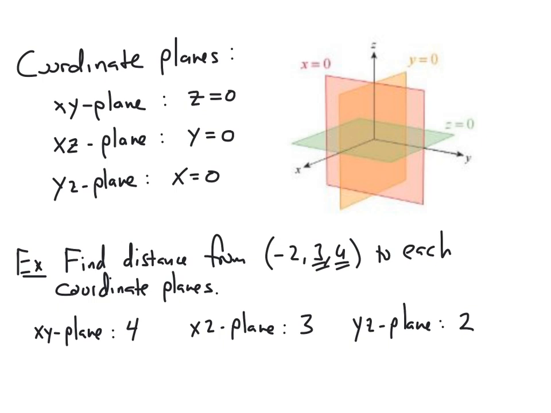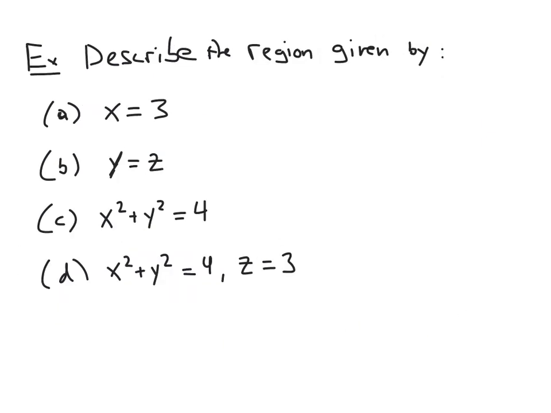So we have the coordinate axes, we now have the coordinate planes, and there are some other relatively simple regions that we can describe in three-dimensional space, and that's what we're going to look at next. So in this example, we want to describe the region given by the following sets of equations.